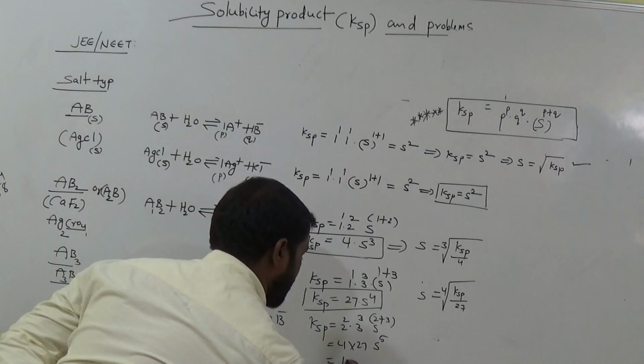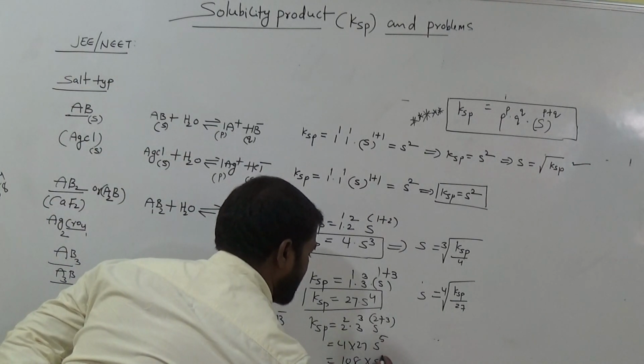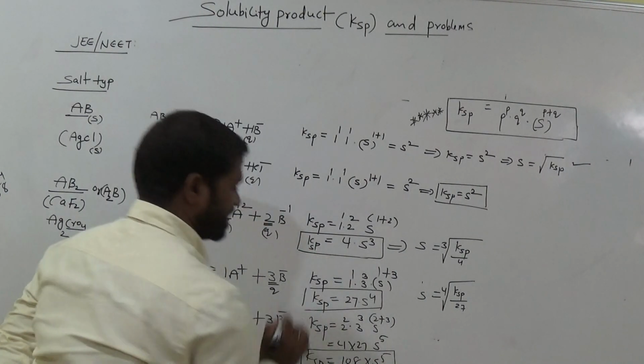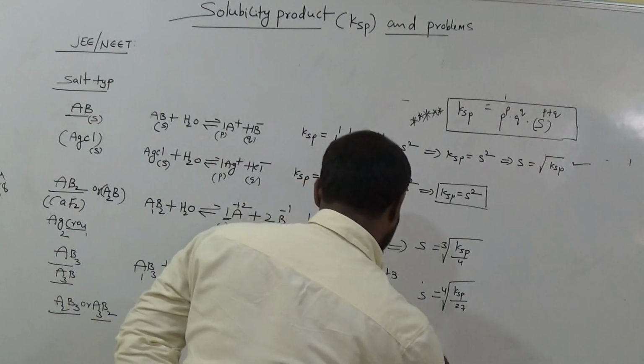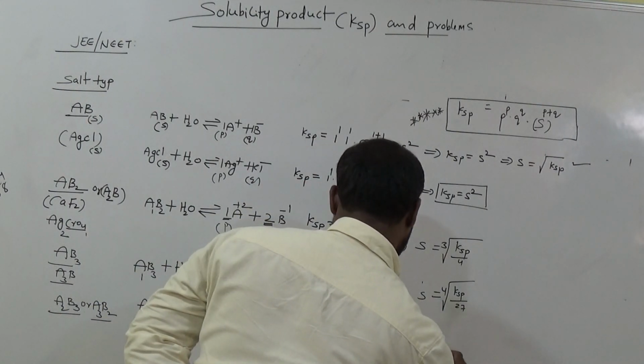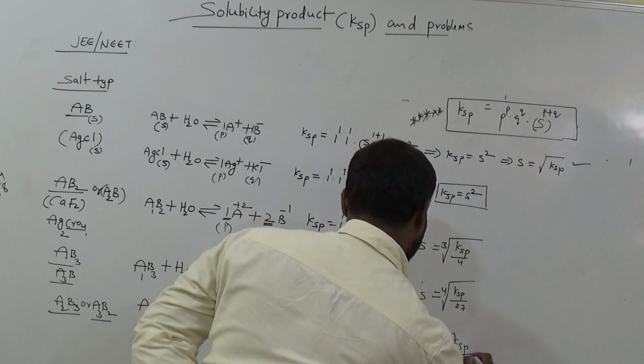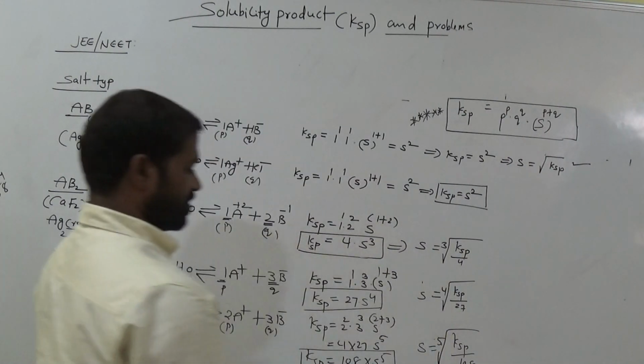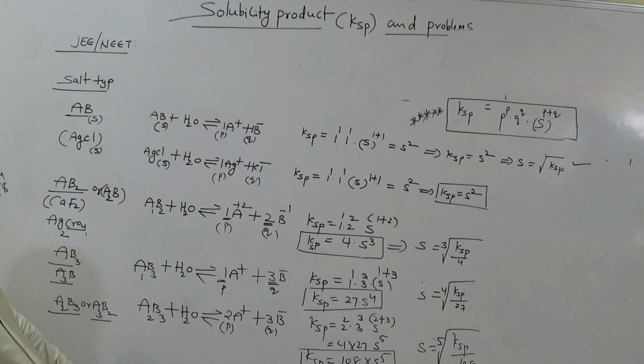So that is 108 into S power 5. Am I right? Ksp clearly. Is it clear, all of you? From this one, what is the value of S? Ksp by 108, fifth root.